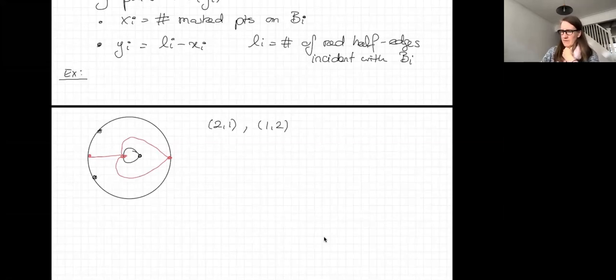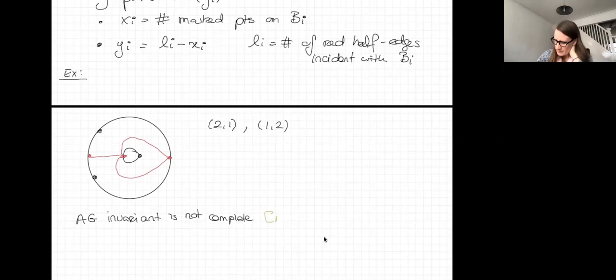Okay, so the AG invariant is not a complete invariant. There's a paper by Claire Amiot where there's a nice example, but I'm sure there are many others.